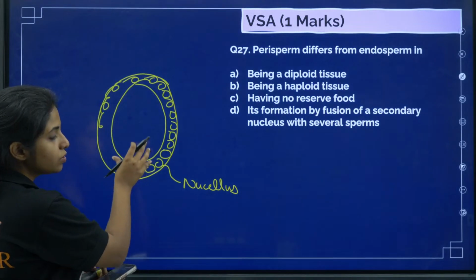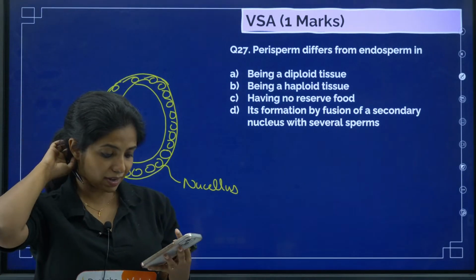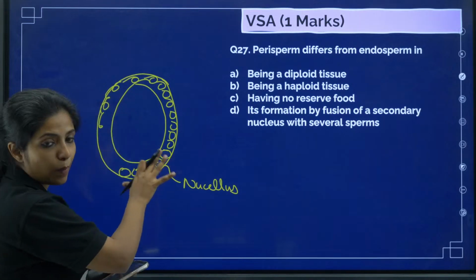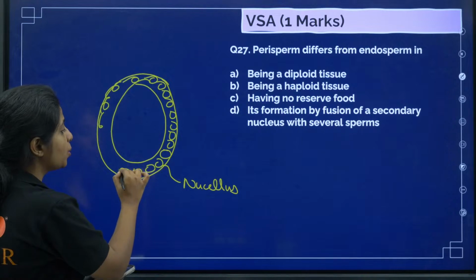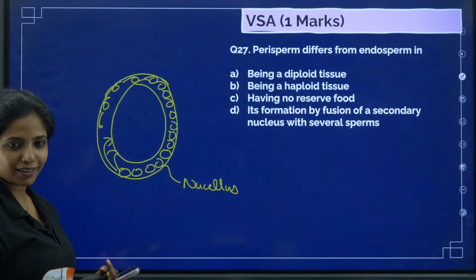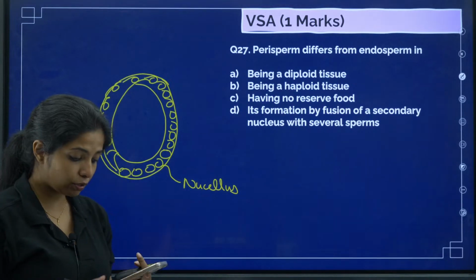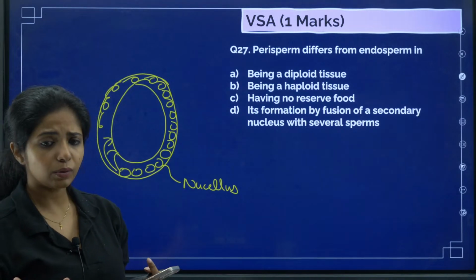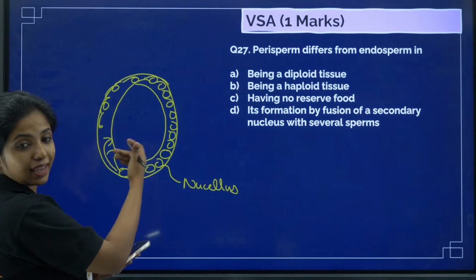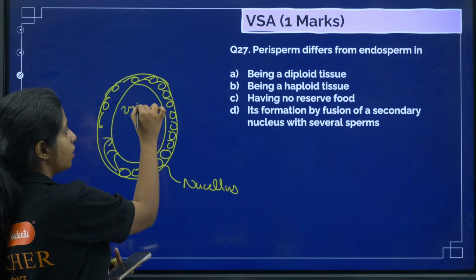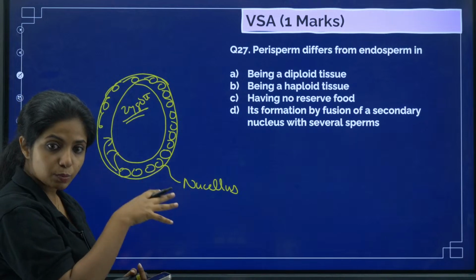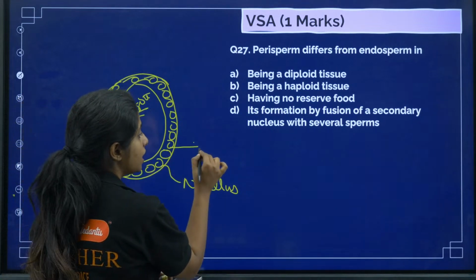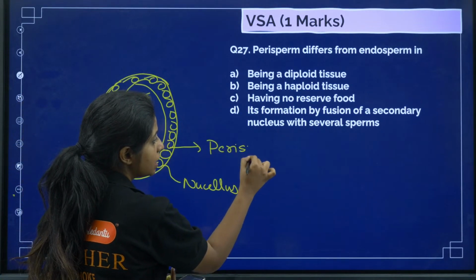Now this nucellus is usually utilized, but sometimes it stays back and provides nourishment later to the fertilized egg, the zygote. This persisting nucellus is known as perisperm.